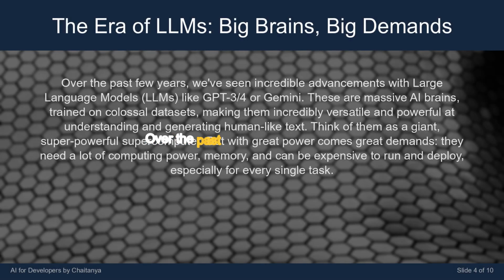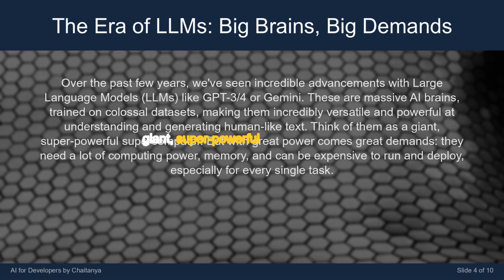Over the past few years, we've seen incredible advancements with large language models, LLMs, like GPT-3 or Gemini. These are massive AI brains, trained on colossal datasets, making them incredibly versatile and powerful at understanding and generating human-like text.